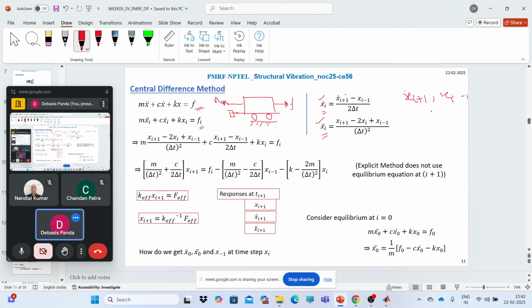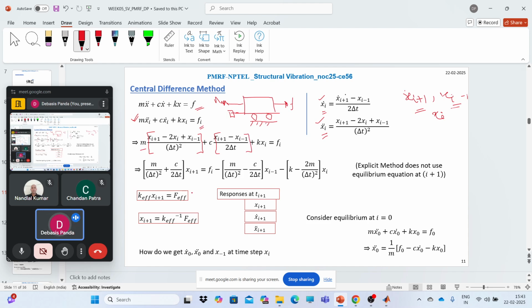These things depend on three quantities: my x i plus 1, and the previous time step x i minus 1. Now if we substitute these two in my equilibrium equation, we get m times the x double dot written in terms of the central difference, c times x dot, which we already have, and k x i is equal to f at that time point.